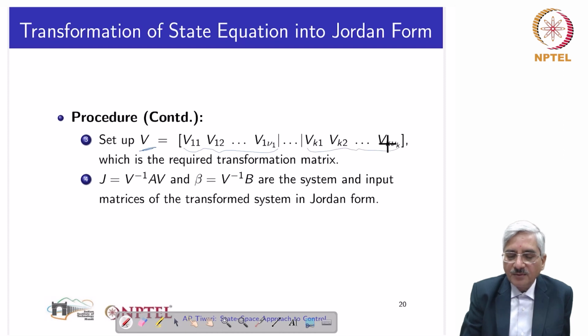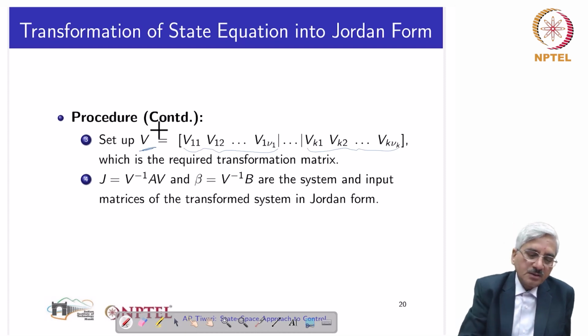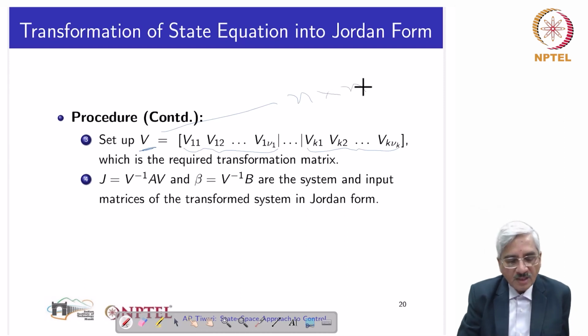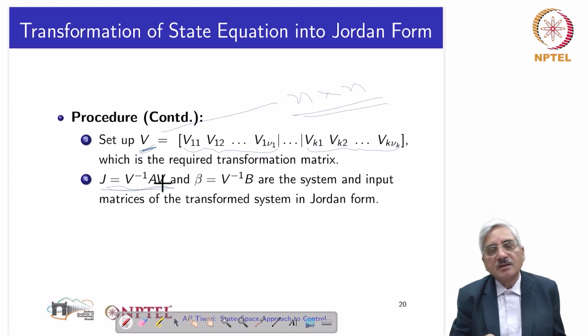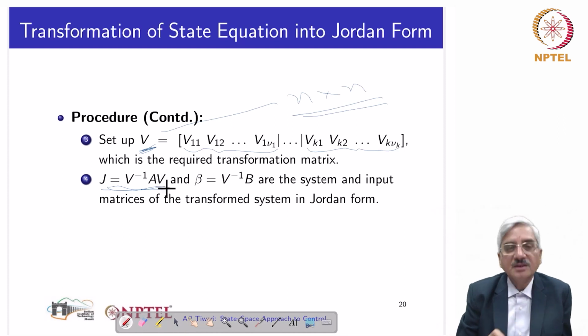For lambda k, we get the nu k columns, and because nu 1 plus nu 2, etc. will become n, these vectors are exactly n in number, and each is of length n, so this V is an n by n matrix. And once we have obtained the transformation V, it is simple: the Jordan form matrix will be V inverse AV, and the corresponding input matrix will be V inverse B.